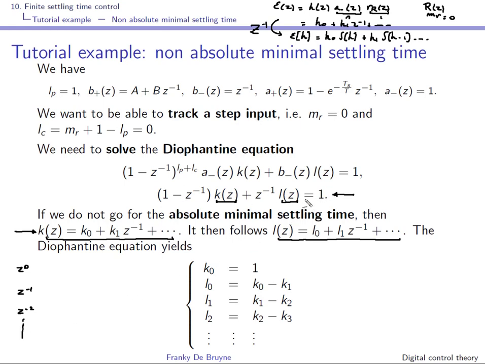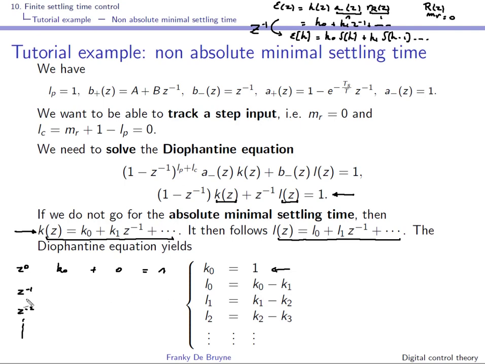So if we look at this Diophantine equation and we look at the powers of z0, we have here simply k0, and then we have plus, this one will not contribute, 0 is equal to, well, 1. Okay, this is this equation.